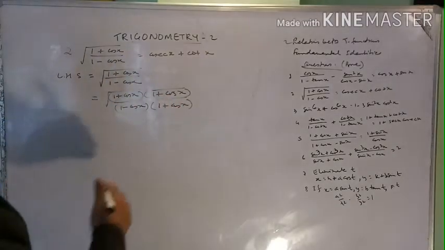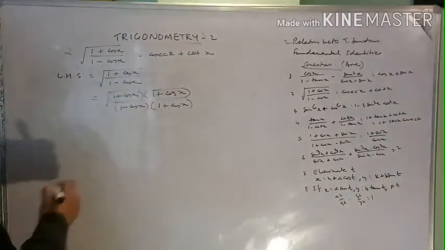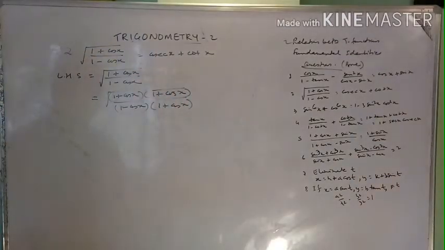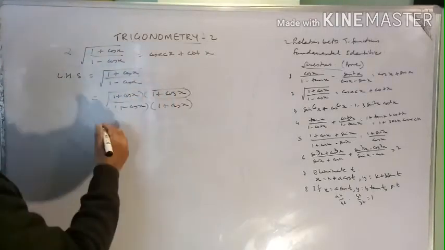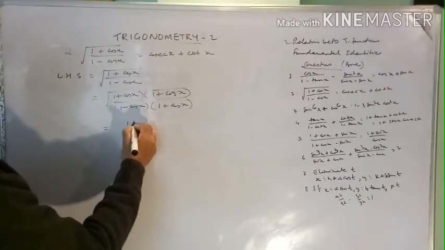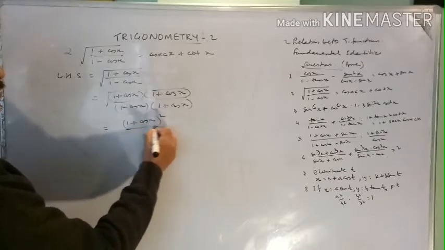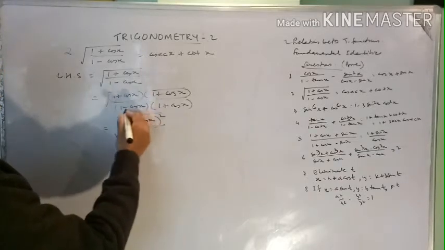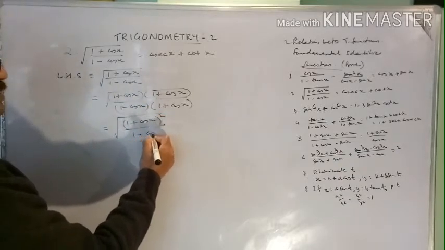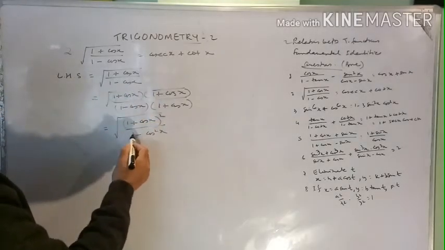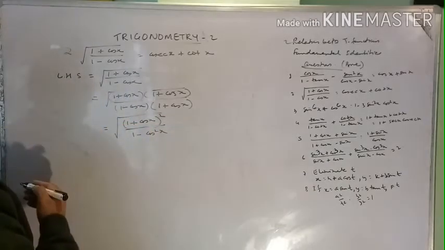So we take the opposite sign of the denominator, 1 minus cos x, 1 plus cos x, so that you can use the a plus b, a minus b formula, and you get a whole square here. So you get root of (1 plus cos x) whole square over 1 minus cos square x, because a plus b into a minus b is a square minus b square.